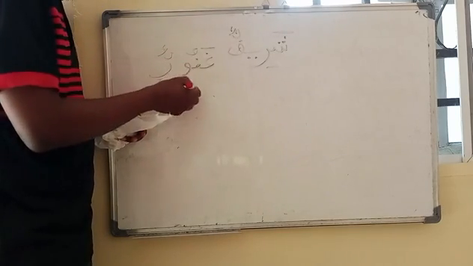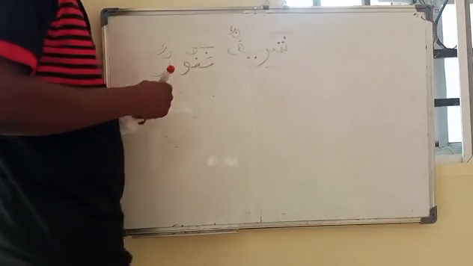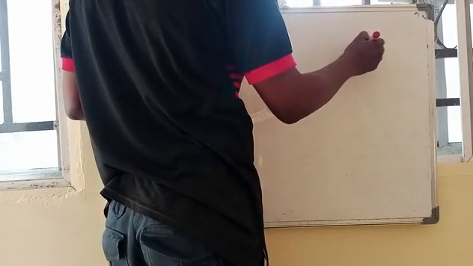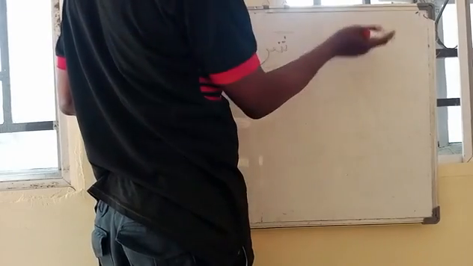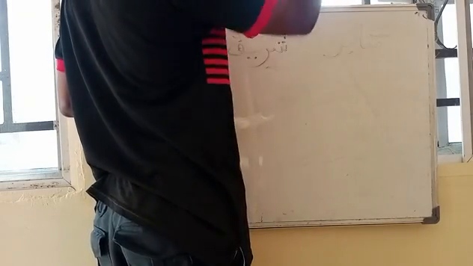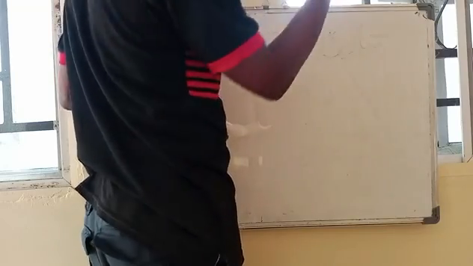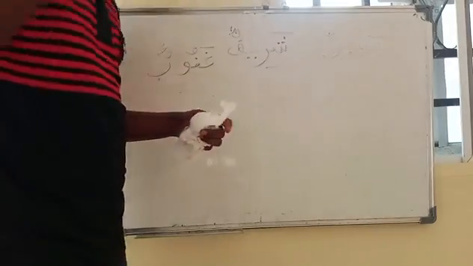So you can see the waw madda here. So sharifu, ya madda. And so sabir. Sa fatha sa, alif madda, sa. Ba kasra bi, ra, damma tan, sabirun. Sabirun.